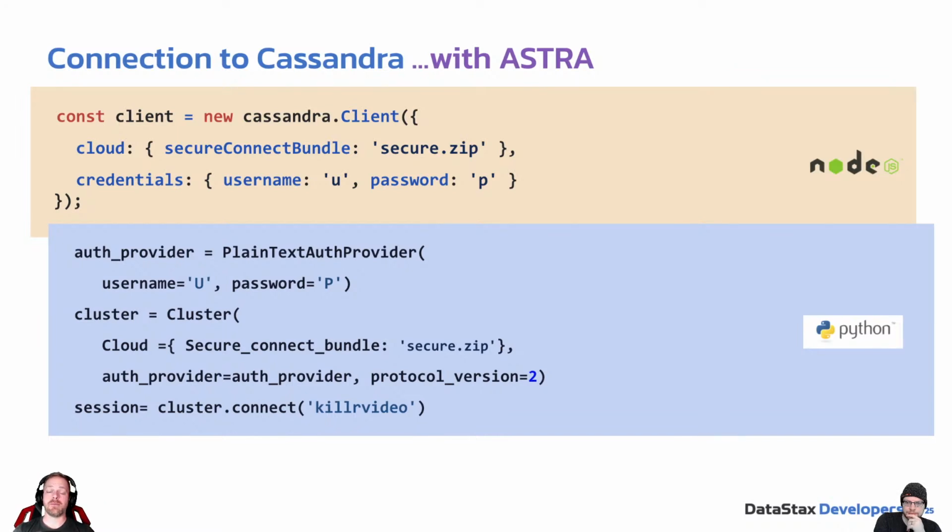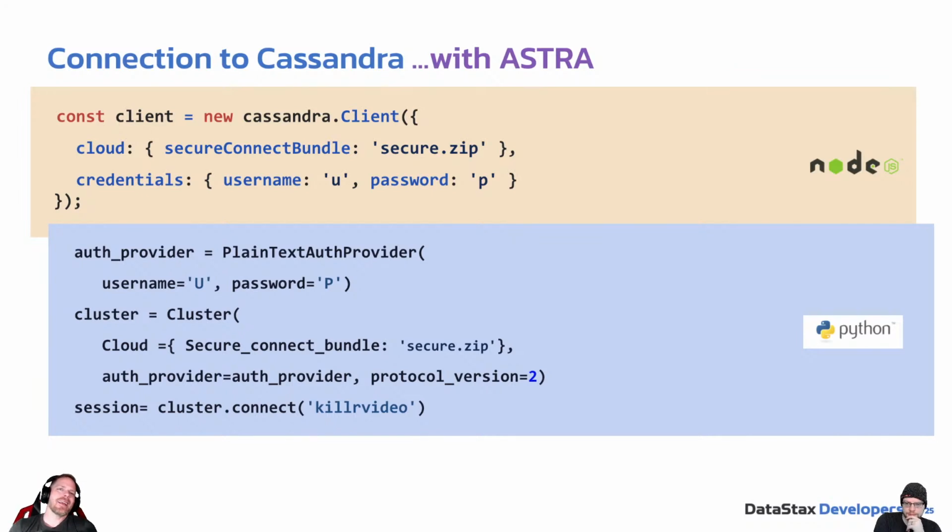Now, that zip file could be called anything. In this example, it's just secure.zip. But that's it. That one line says, look to the secure connect bundle, and then it is going to handle all of the SSL piece, all of finding your cluster and all of that. The only thing you need to pass in are the credentials, your username and password.